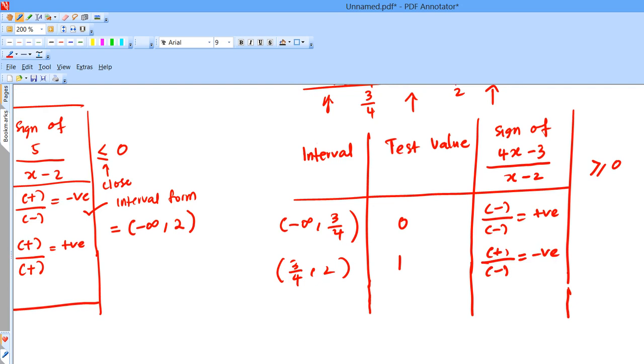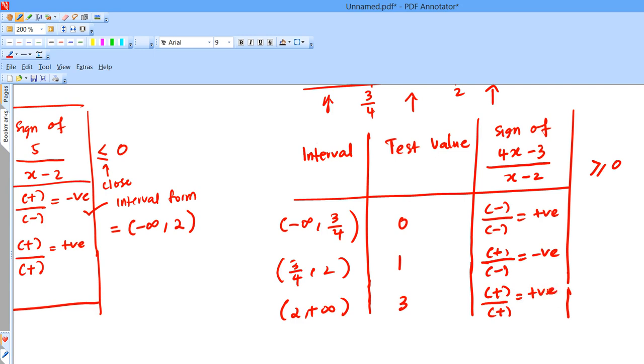And then the third interval from 2 to positive infinity. We can choose x = 3 and substitute, and we get positive over positive, equal to a positive sign.